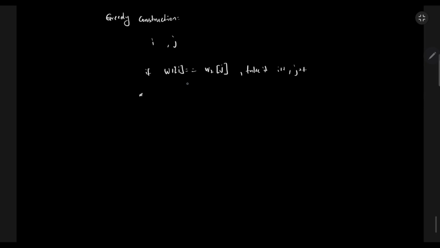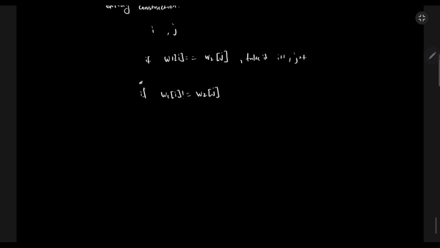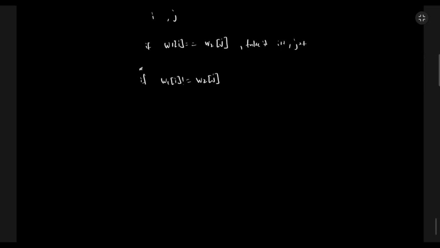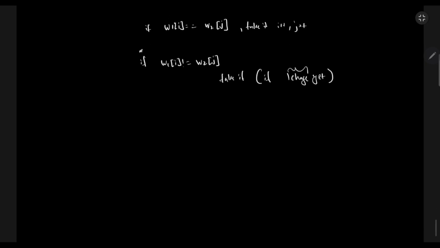And if w1 of I is not equal to w2 of j, then we can only take it if we have not used our one change yet, that is, we are left with the one change, and also the remaining word in word2, which is m minus 1 minus j, should be present in word1 from the I plus 1 index.